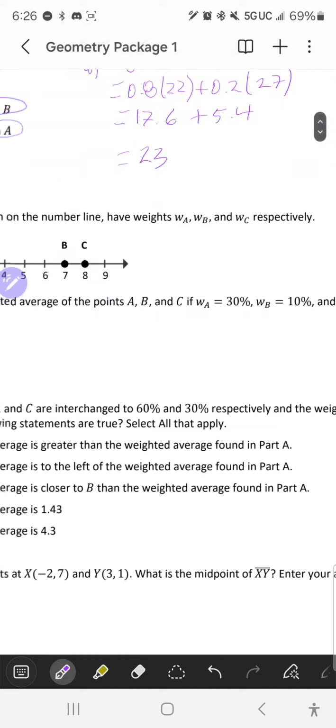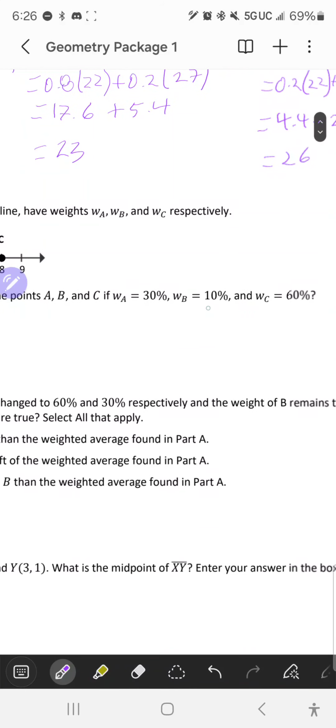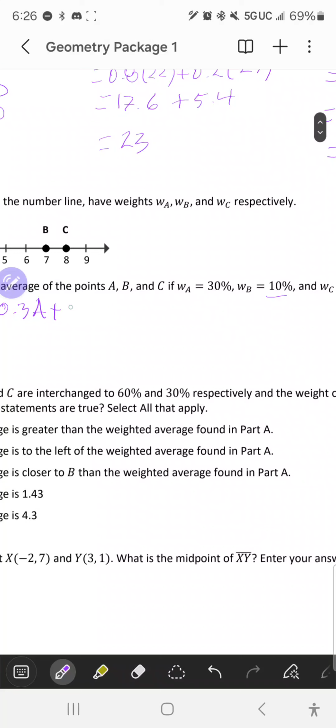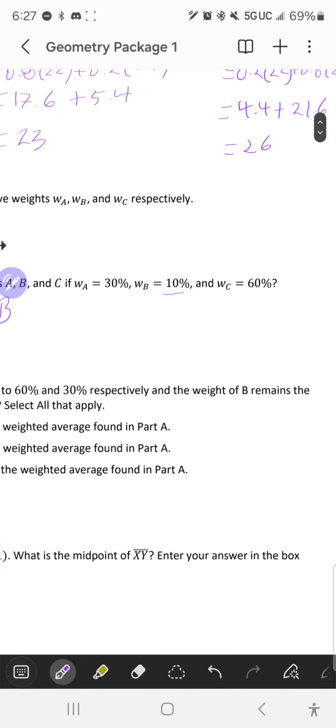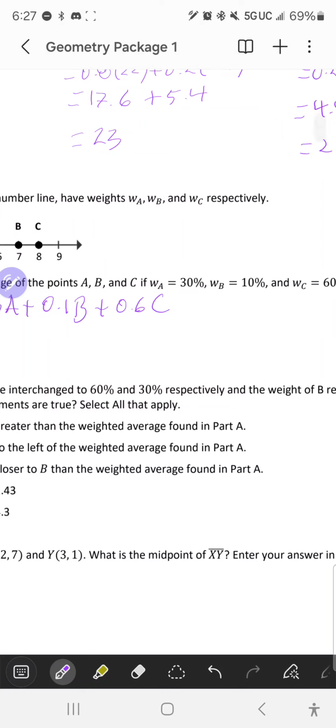As I explained in the beginning, 30% is the same as 0.3. So I will say 0.3A plus, in this case, 0.1B. Since it is a percent, it is divided by 100. So 10 divided by 100 is 0.1, and in case of C, it's going to be 0.6C.